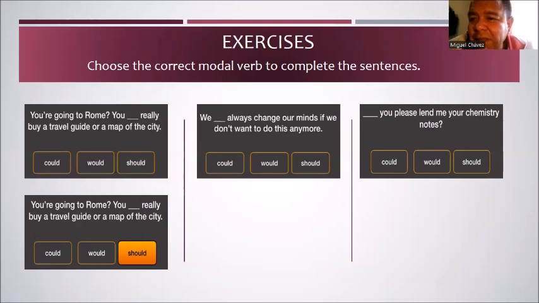The other one, please. Another volunteer for the next.